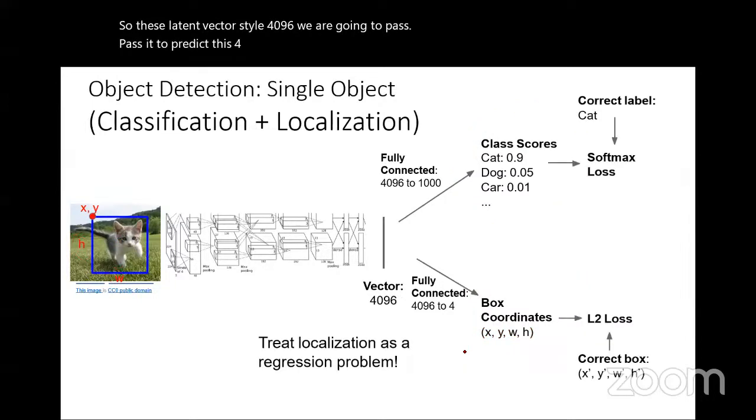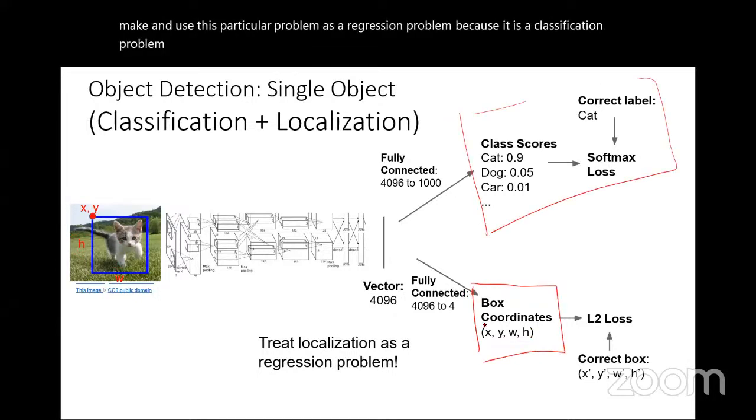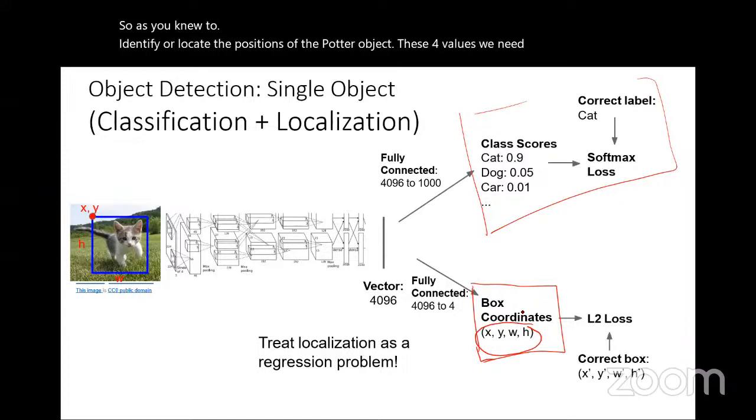Whenever we predict something like this, we can treat this as a regression problem. The first part is a classification problem, and the second part is a regression problem, where we figure out continuous values. To identify or locate the position of the object, we need to predict these four values.